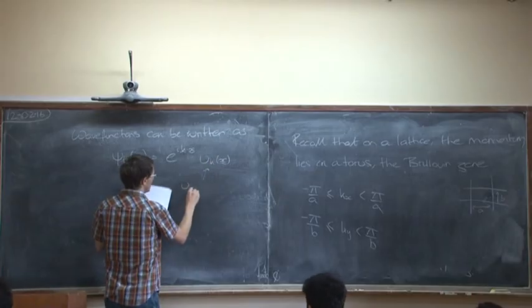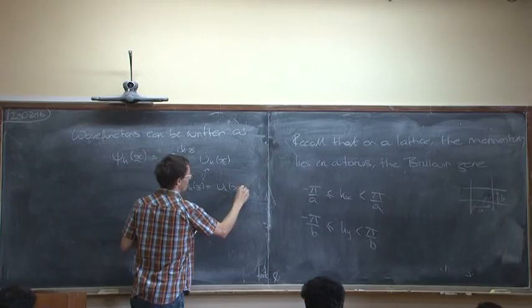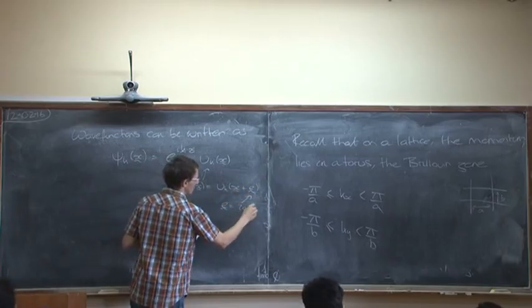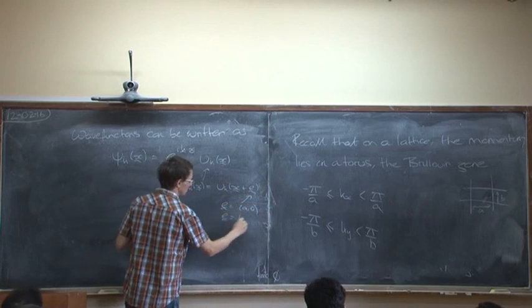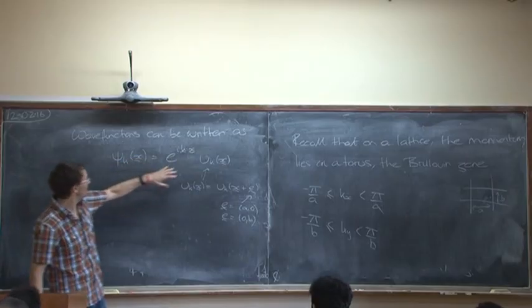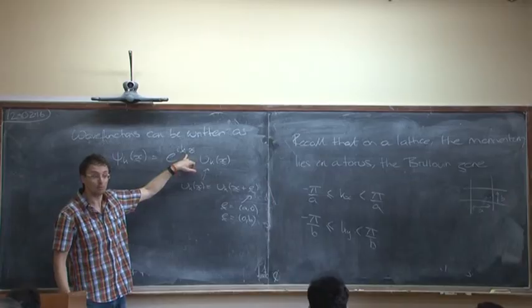So u_k(x) is equal to u_k(x + e), where e is either of the lattice basis vectors. The wave functions themselves don't have to be periodic, but they're related to periodic functions of the lattice by this simple factor.